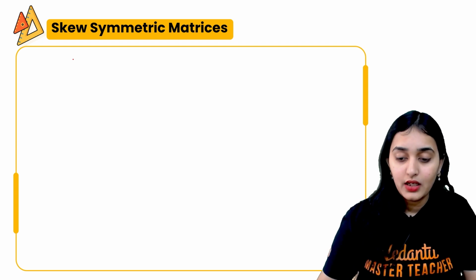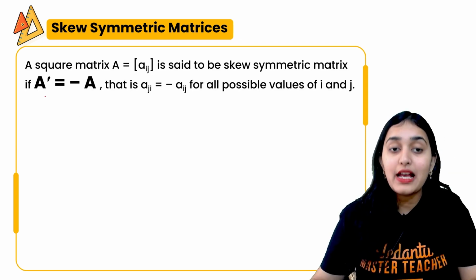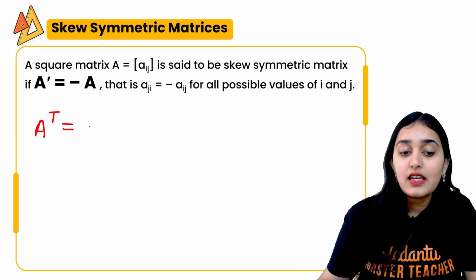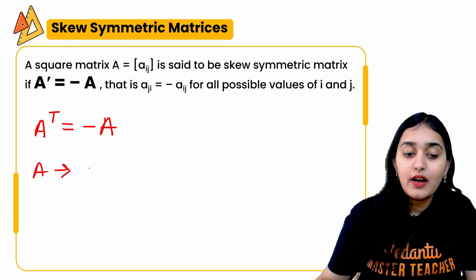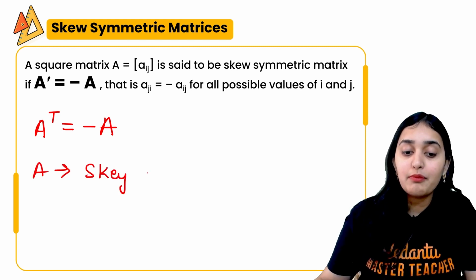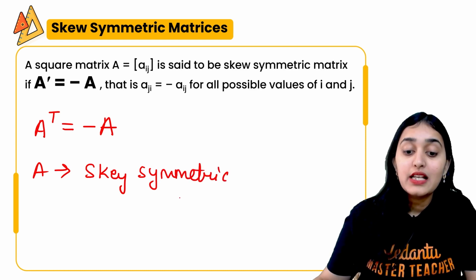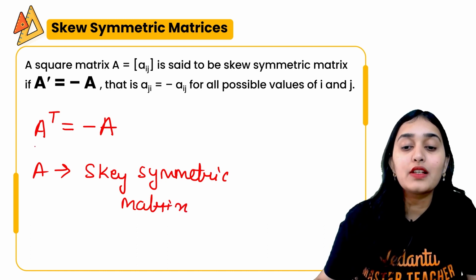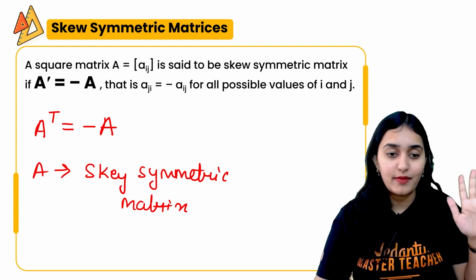Similarly, if a matrix and its transpose are negative of each other, so if A transpose is equal to minus A, then A is called a skew symmetric matrix. Clear?